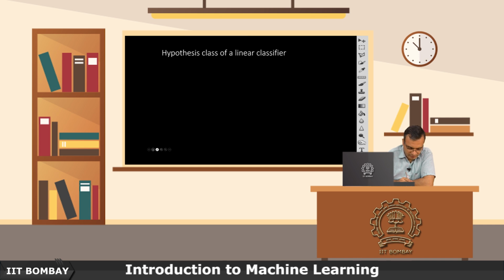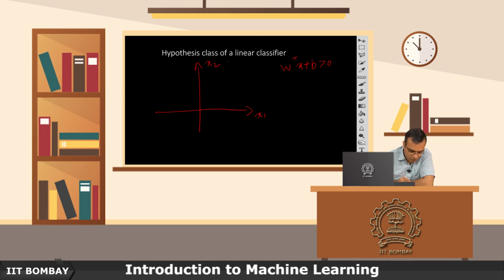On the other hand, if we look at linear classifiers, here we have W transpose X plus B, whether that is greater than 0 or not, that is your hypothesis class, and that defines your class 1 or class 2. And let's say now we have x1 and x2.